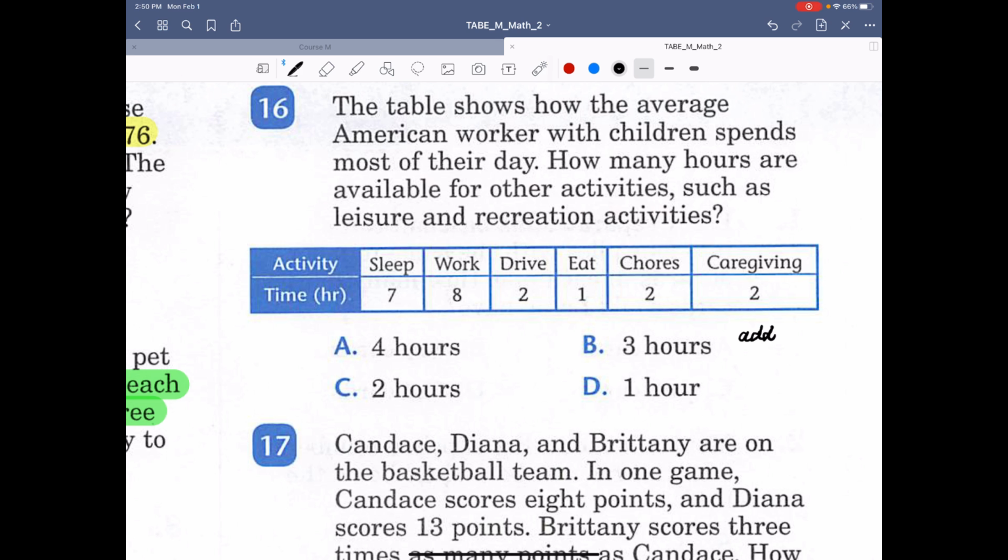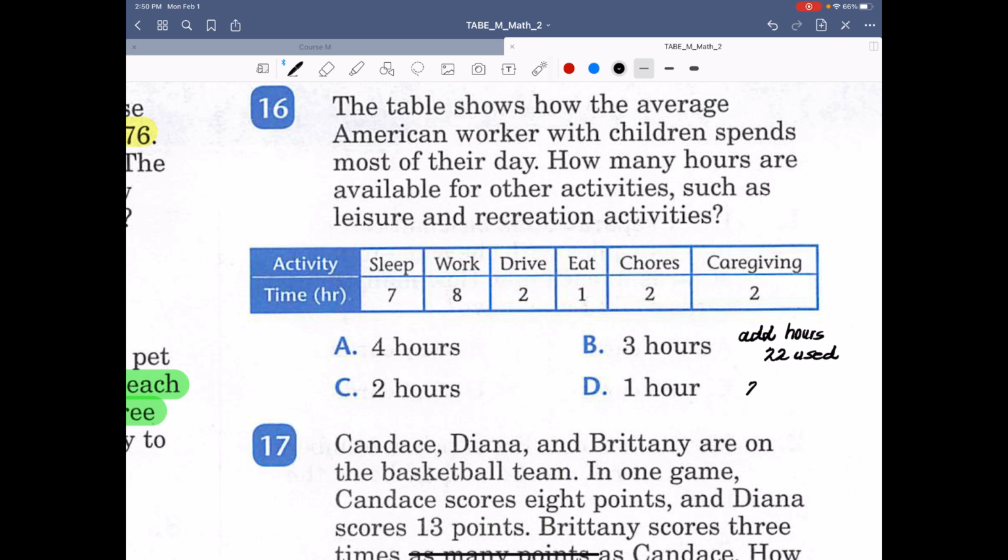So 7 plus 8 plus 2, we're going to add that row up. 7 plus 8 is 15, 16, 17, 18, 19, 20, 21, 22. So we're looking at 22 hours already used.